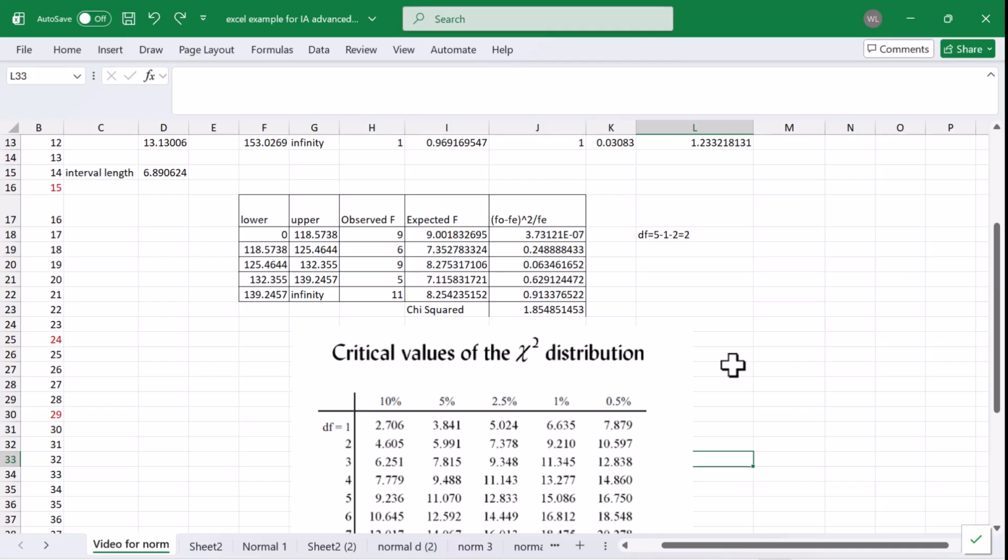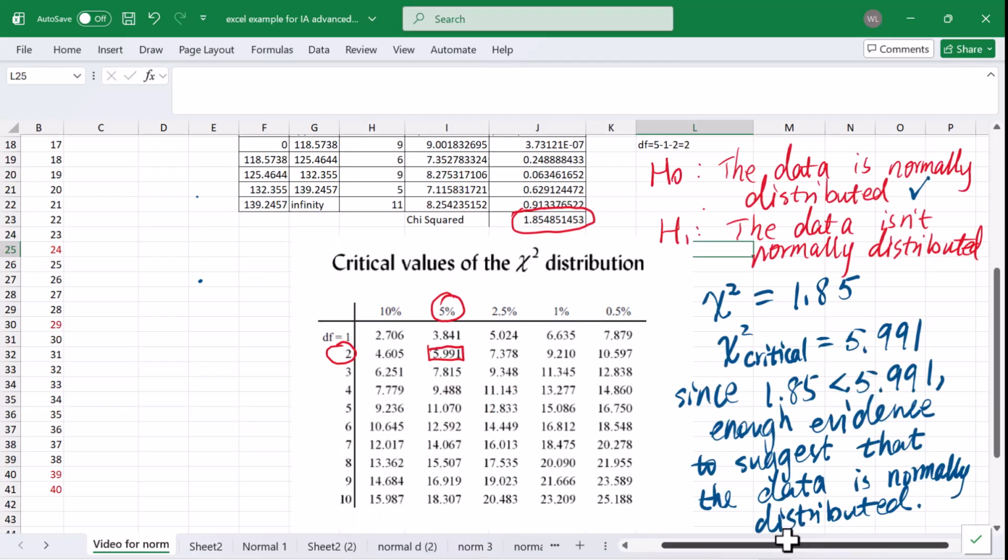Let's compare this chi-squared value to the critical value. We got df is 2. Suppose the significance level is 5%. Then we got this critical value 5.991. H0 is the data is normally distributed.